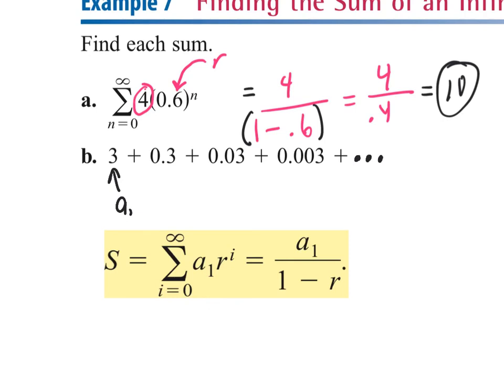So in order to find what's happening every single time, take one of the terms in the sequence or series and divide it by the one in front of it. So I'm going to take 0.03 and divide it by the one in front of it, which is 0.3. What do I get? 0.1. So my R is 0.1.